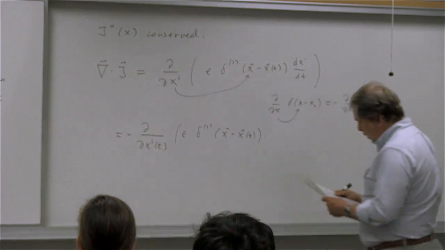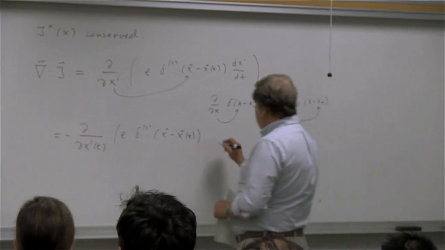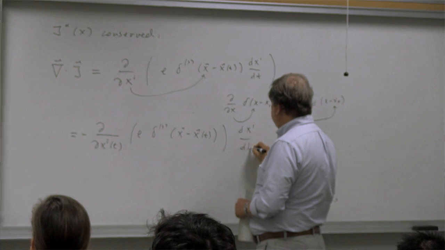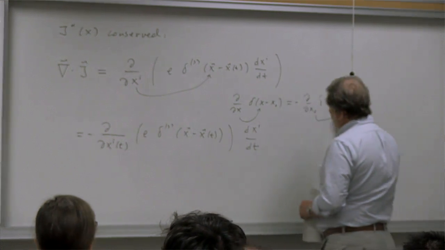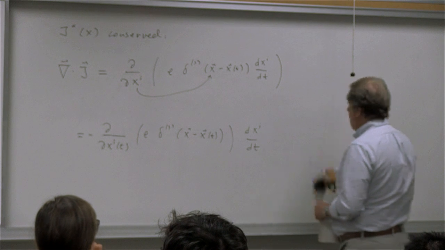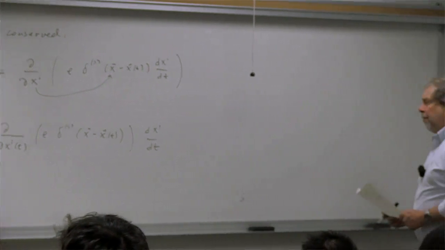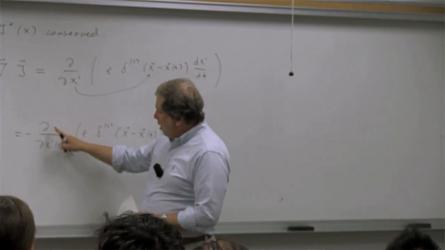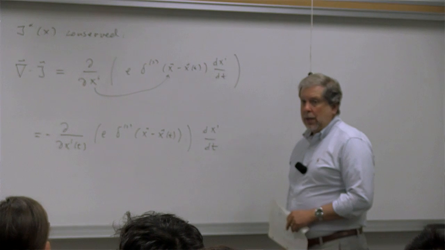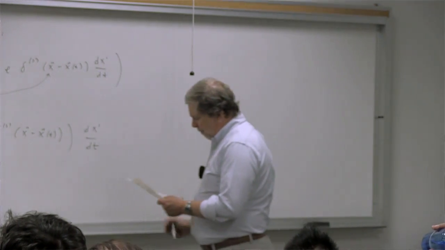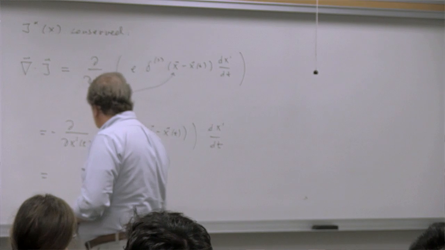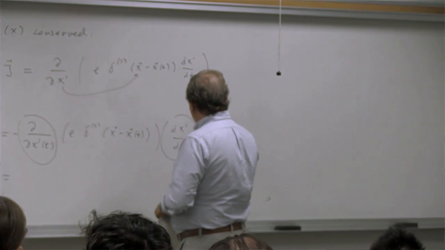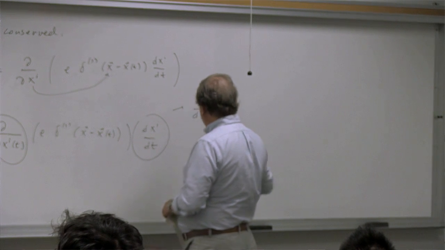This part is unchanged, and then times still this derivative which we have up here, which is dxi by dt. And now you recognize that dxi by dt times d by dxi is nothing but the derivative with respect to time. In other words, this one and that one combine together to give just d by dt.